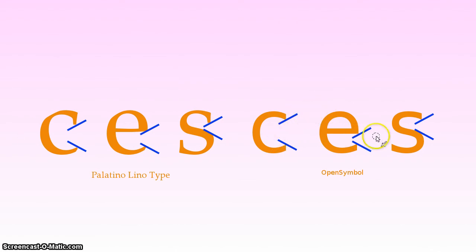If you compare these two fonts, C and S, the Open Symbol has a higher aperture. It's more open. There's more space between the alphabets, and for the E, Palatino Linotype has a higher one, but usually the higher aperture is more legible. So it's better to have a higher aperture when you're considering fonts.